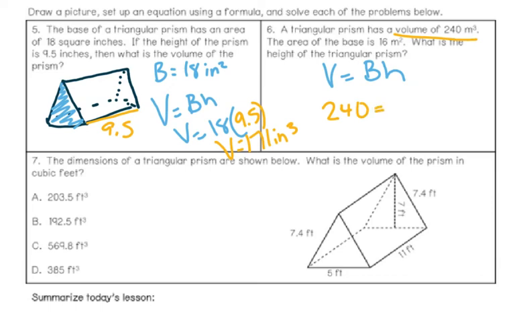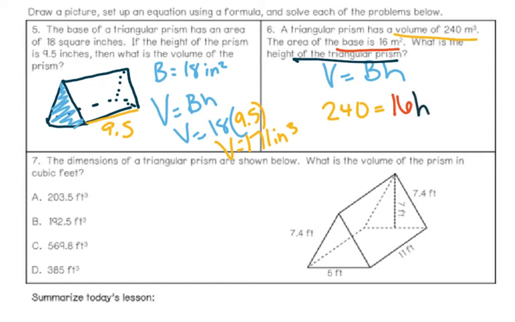Then it tells us that the area of the base is 16 meters squared, and the area of the base is big B. So in place of big B, I'm going to put 16. And then it says, what is the height of the triangular prism? So that is what we're going to solve for. That is our unknown, so that is going to be our variable of H.